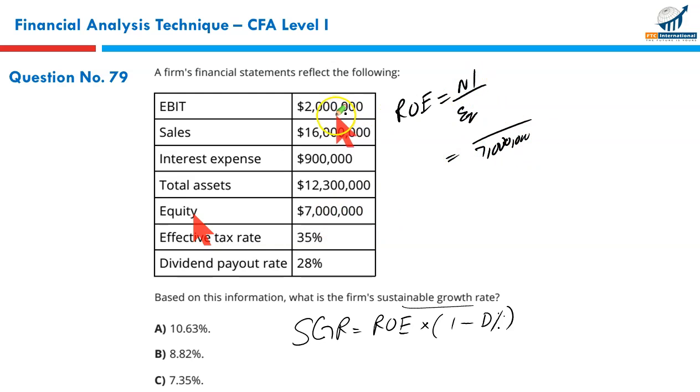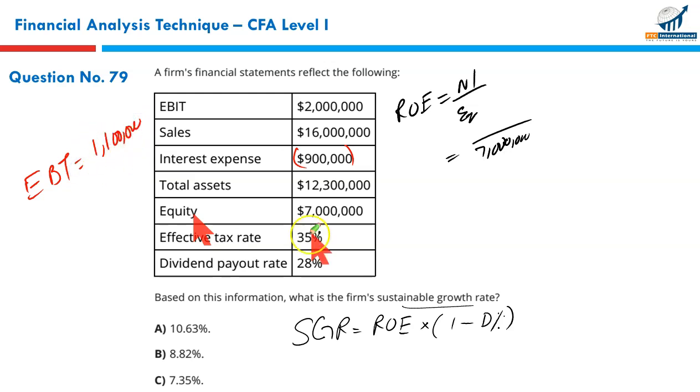Net income, this is earning before interest and tax. From this, first deduct the interest and tax. Tax is 35%. That's important. So first you will need to find earning before tax, that is 2 million minus 900,000. This is called EBT, earning before tax, 1.1 million.